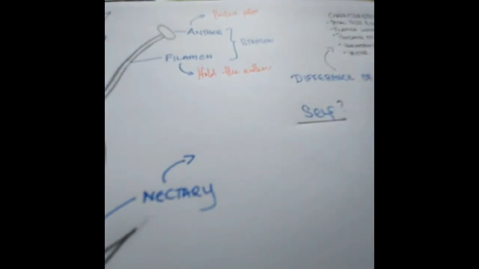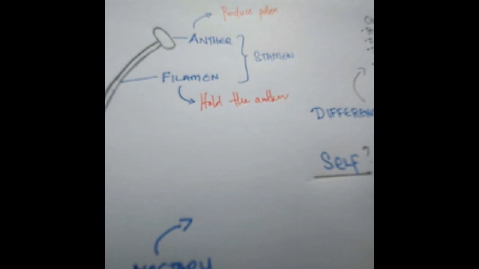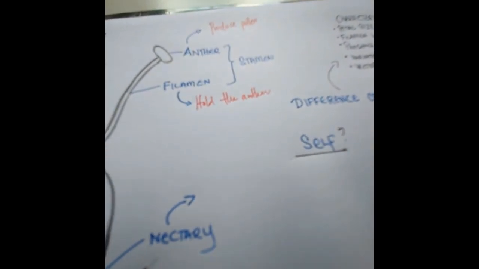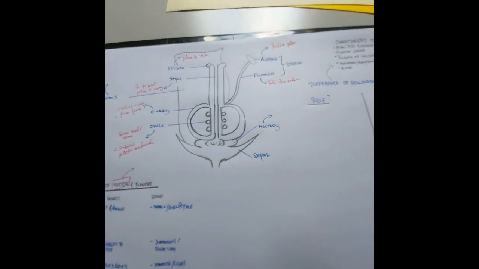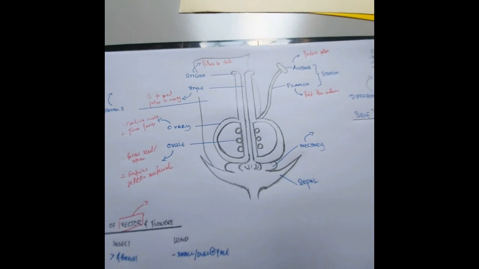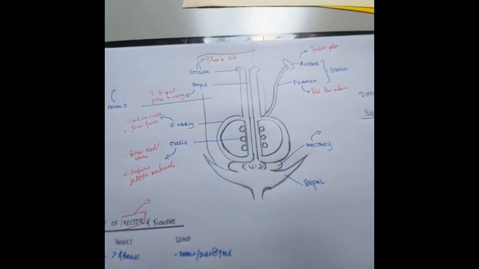Now the filament's only function is to hold the anther up. The filament's function will become very important when it is about wind pollination. The wind will become the vector. In whole, you'll see that the male and female parts have their own functions.